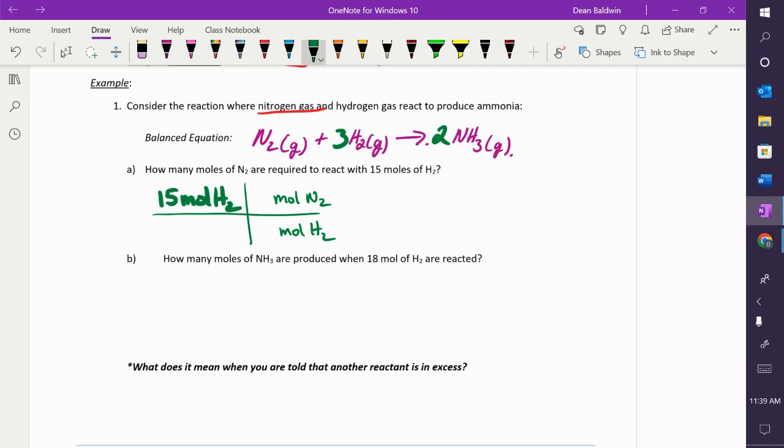So then you look at the equation. How many moles of N2 are in the equation per moles of H2? How many moles of N2? 1. How many moles of H2? 3.